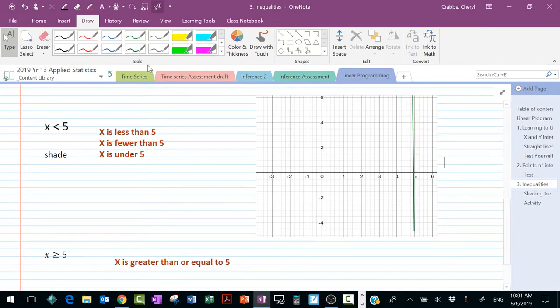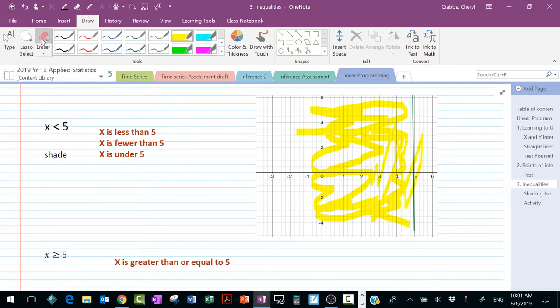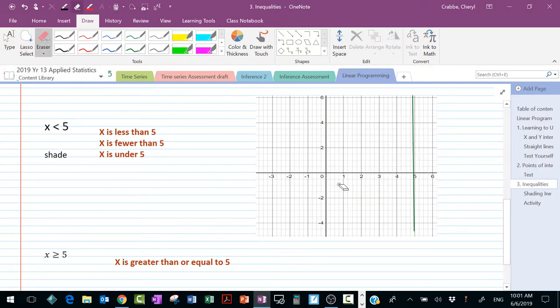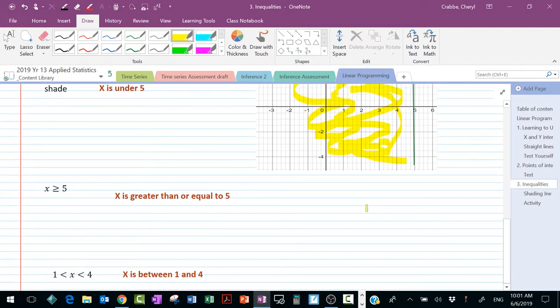Then basically you shade everything on the left-hand side of 5. You can shade that all in and do a lovely pretty job of it, and you get the idea that the shaded area is everything less than 5. X is less than 5. So that's the graph.